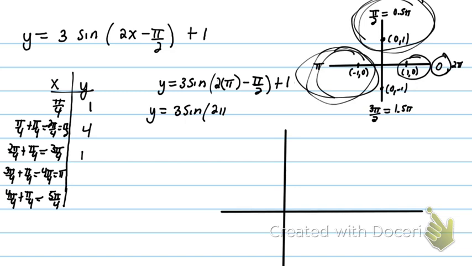So we've got 2 pi minus pi over 2 plus 1. I'm going to get a common denominator here, times 2 times 2. Sure enough, 4 pi minus pi is what? 3 pi over 2, and then we still have the plus 1.